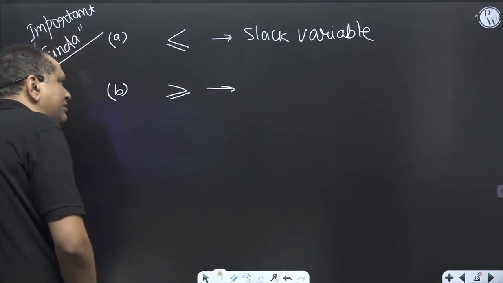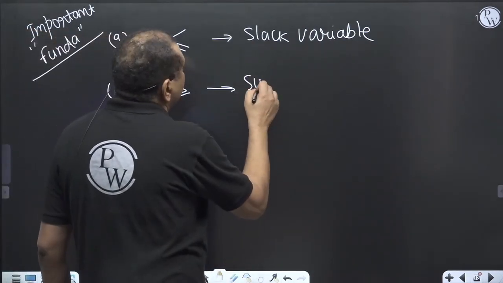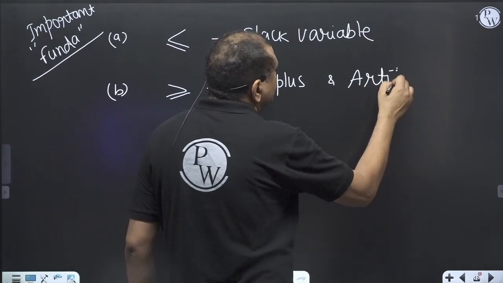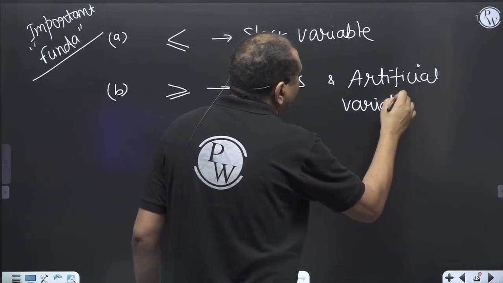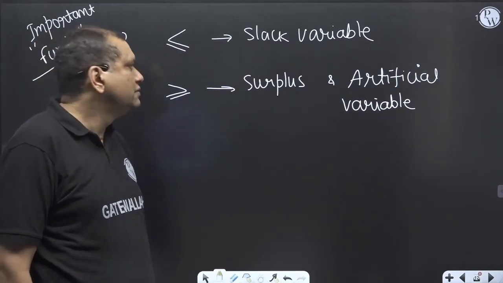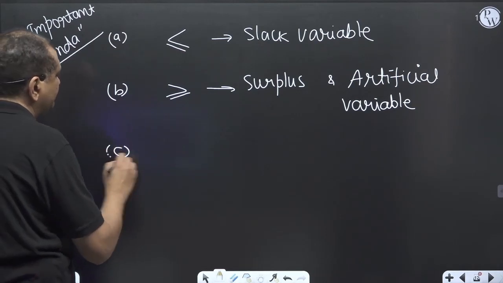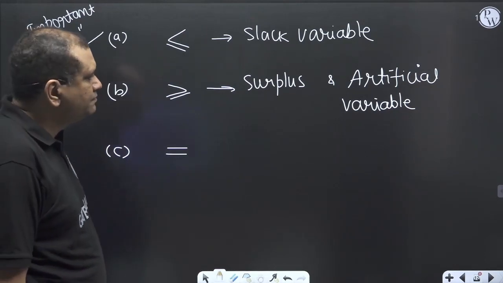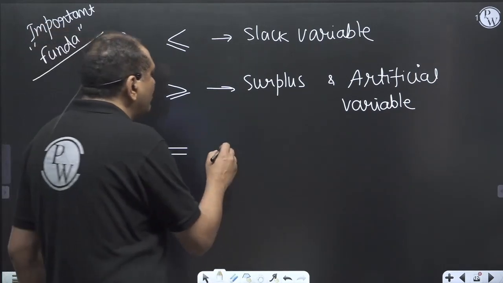If there is a greater than or equal sign, I am using two variables, surplus and artificial variable. But suppose the sign is an equality sign, then I will not use a slack or surplus variable. I will use only the artificial variable.